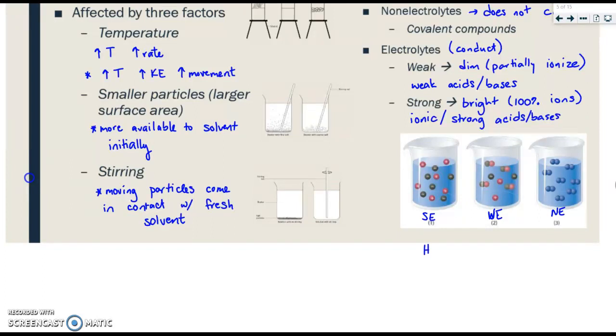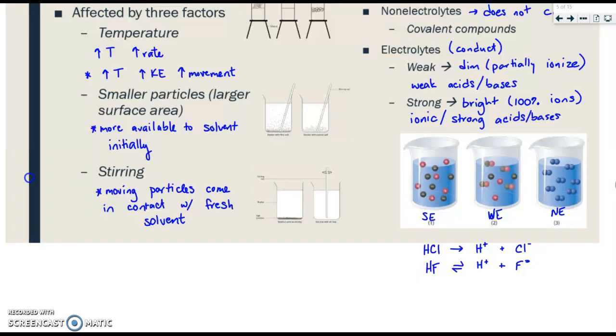HCl is a strong electrolyte, so when it's put into solution, all of it breaks into its two pieces. So it gets a single-sided arrow indicating that. Something like HF is a weak acid, so we use a double arrow to indicate that some of it is going to break into ions, a small amount, and some of it is going to stay together as a molecule.